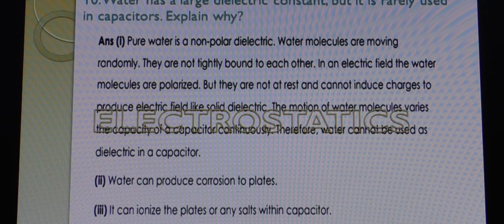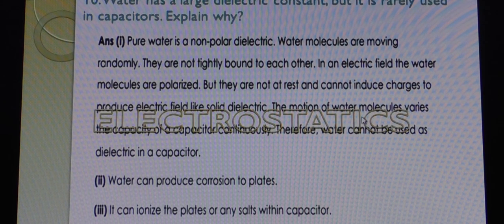If we take water as a dielectric and insert it in the circuit diagram where there is a battery, then what will happen after passing the current from the battery? The water molecules would be polarized, but they are not at rest. As we all know, the molecules of water are in a state of random motion, so they cannot induce charges to produce an electric field like a solid dielectric.